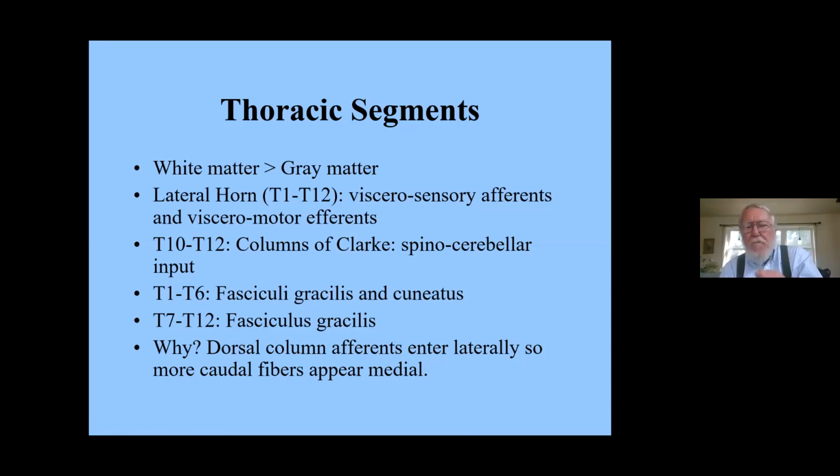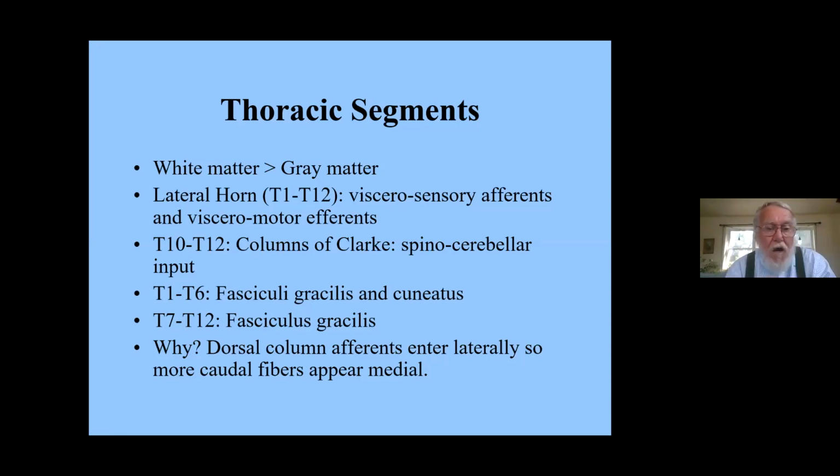So again, remember the hyphen. Spino is information from the spinal cord going into the cerebellum. These columns of Clark are going to be providing sacral, lumbar, and thoracic input into the cerebellum, in addition to spinal input into the brain for somatic information.